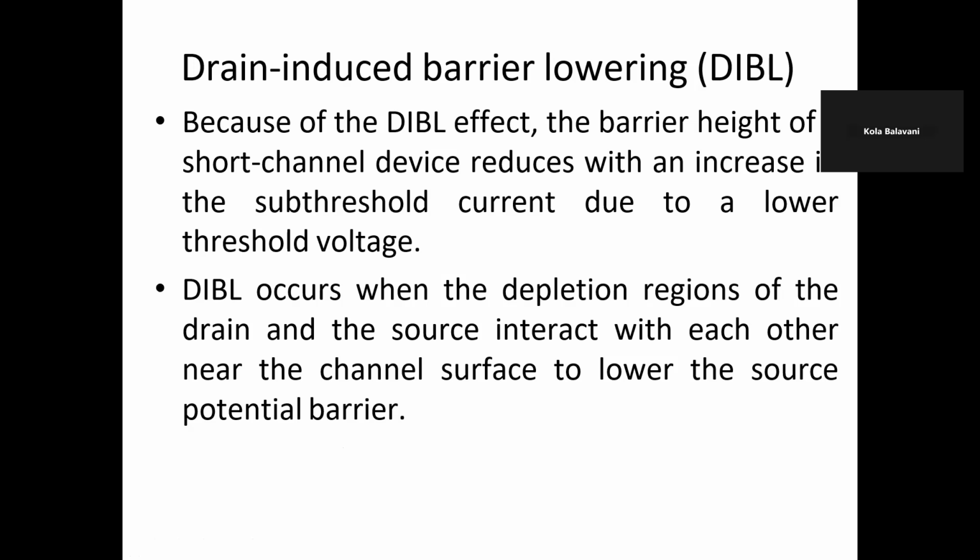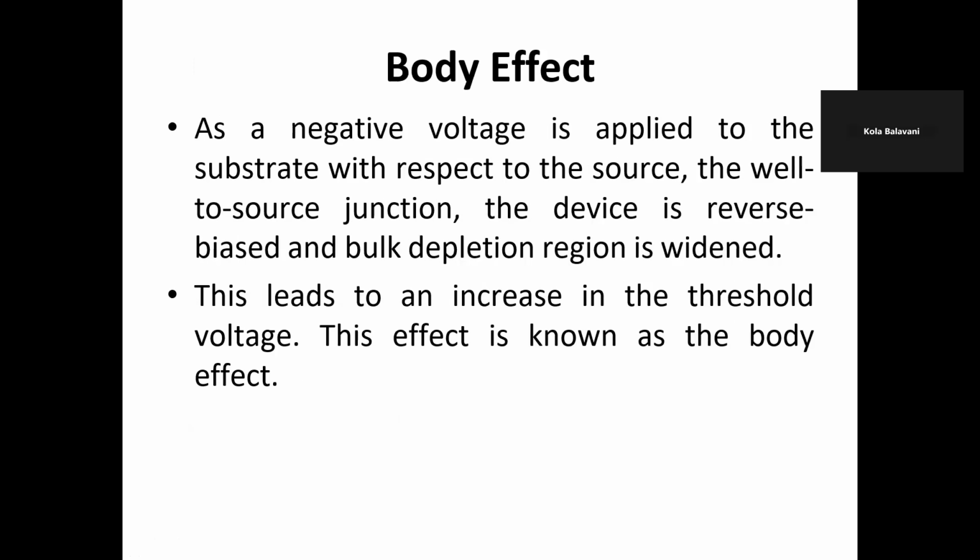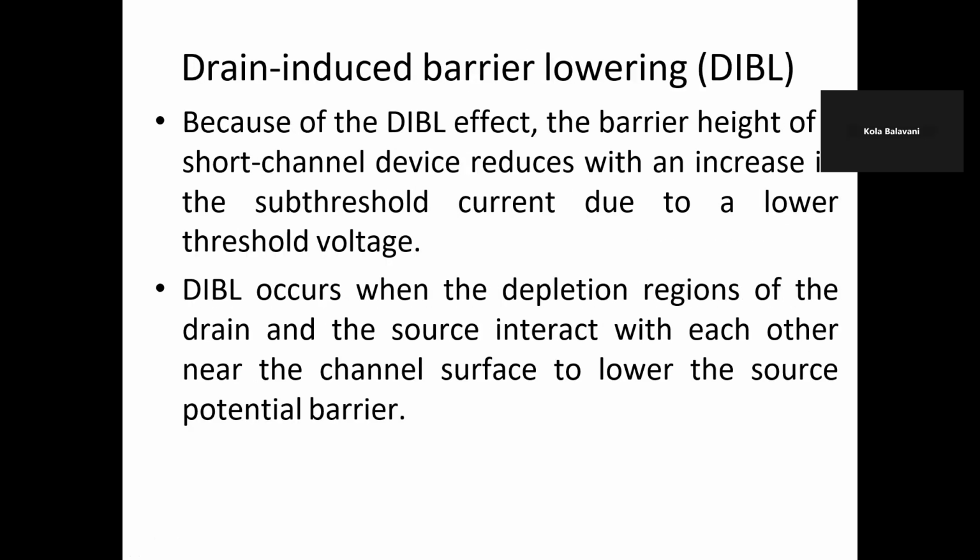So DIBL is nothing but this: when you apply voltage at the drain terminal, the depletion regions at the drain and source connect near the channel surface. Due to this, leakage currents occur. Those leakage currents are subthreshold leakage, induced only by the drain voltage. That's why it is called drain induced barrier lowering.